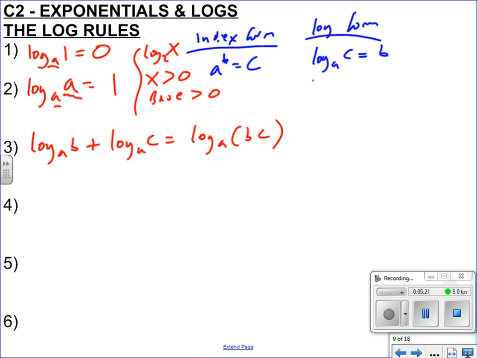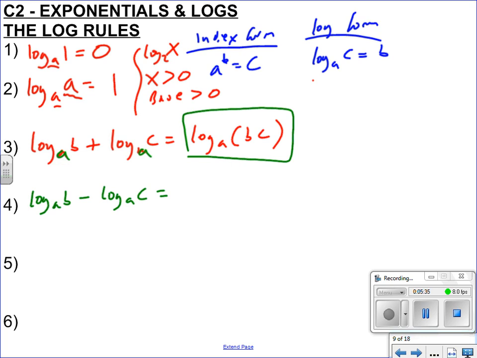So the base must be the same in order for this property to work. You're going to need all these laws to solve problems, okay? And we're going to prove this in a minute, and then you can prove the rest in class. Likewise, if we subtract them, this will be the results divided by each other in the brackets, okay?